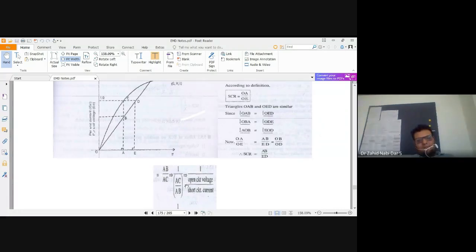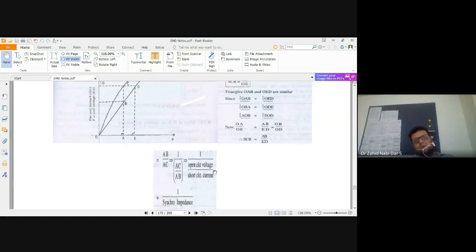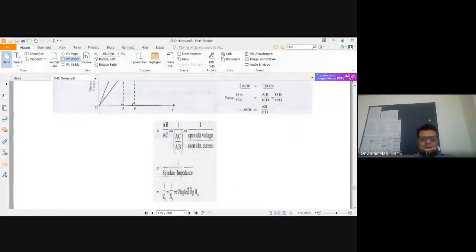Y is G, conductance, plus jBM, and BM is 1 by XS. You can neglect the conductance value, and say this value is proportional to your BM value, and BM value is 1 by XS, which is equal to 1 by synchronous impedance.